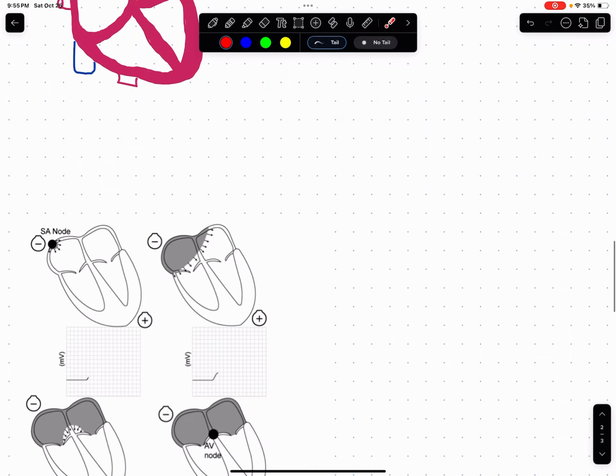When you're going down, your cell is negative, and you got all these positive charges on the outside of the cell, but the inside of your cell has got all these negatives. Well, when you're depolarizing the cell, that means you're sending positives in and making the outside of the cell more negative, and the inside of the cell more positive.